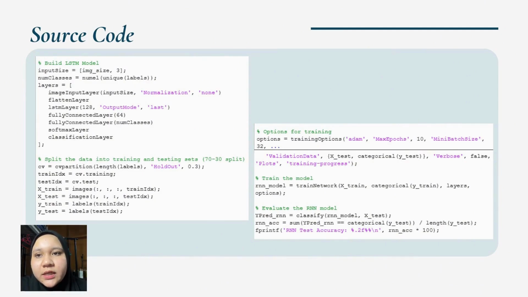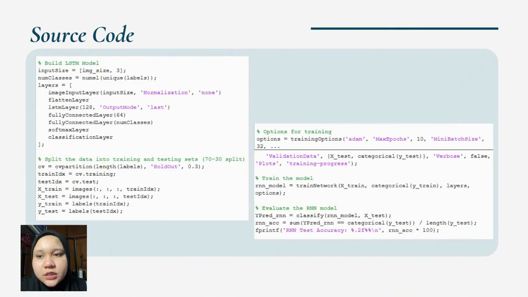Next, we will split the data into training and testing sets. The dataset is split into training and testing using a 70 to 30 split. This means 70% of the data is used for training and 30% is used for testing. The training set contains the images and labels used to train the model, while the testing set is used to evaluate the model's performance.